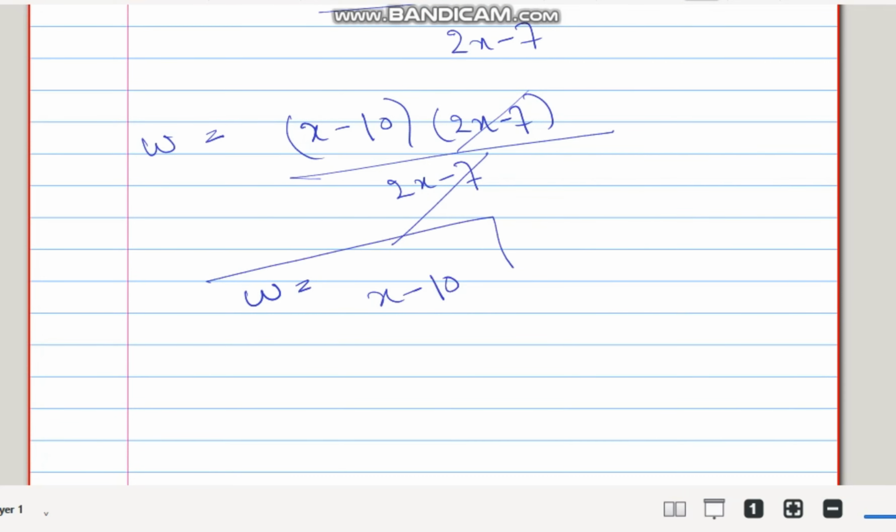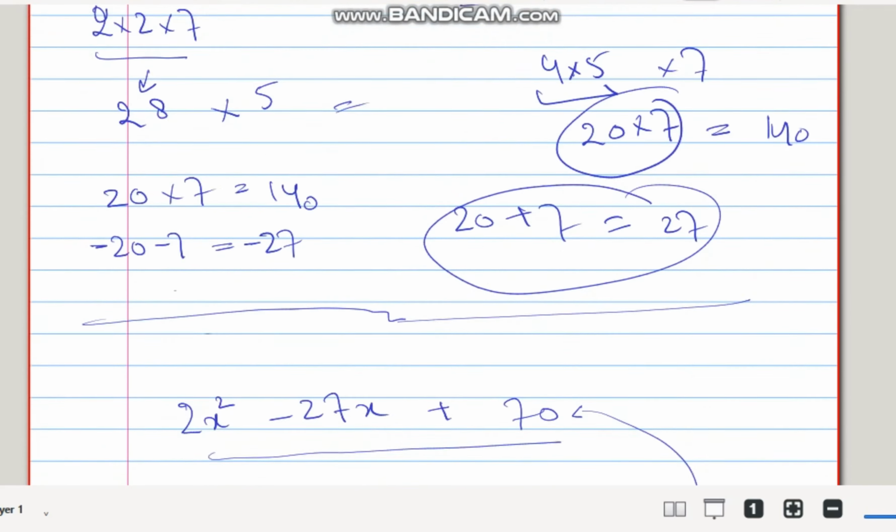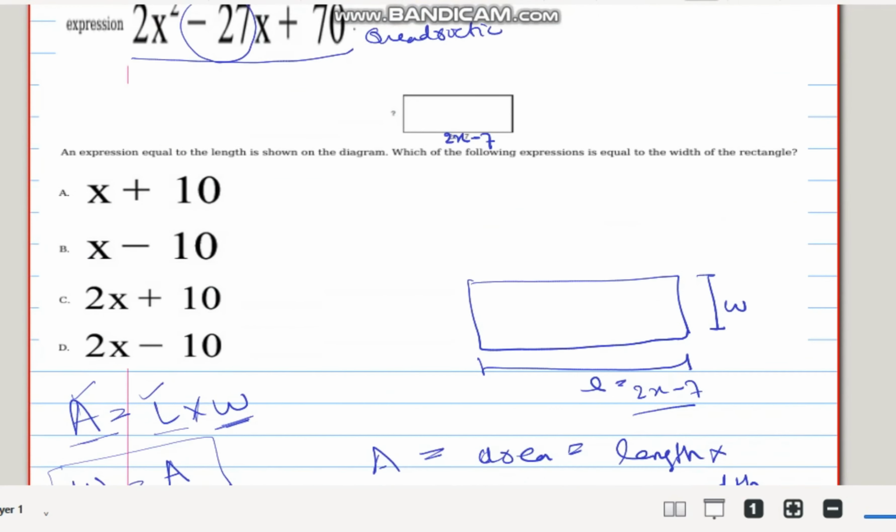So this will be our answer, and you can check that the answer is present in the question. This x minus 10 is present here, so this will be your answer.